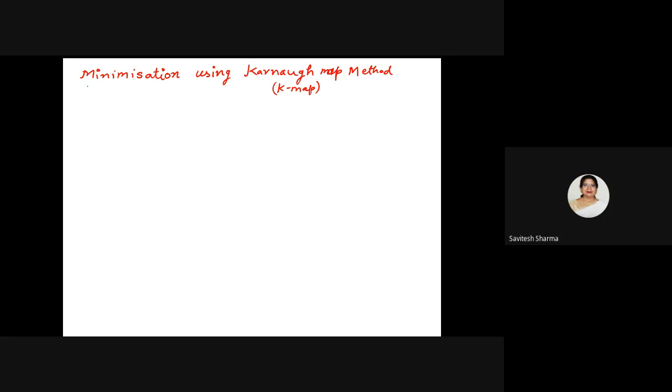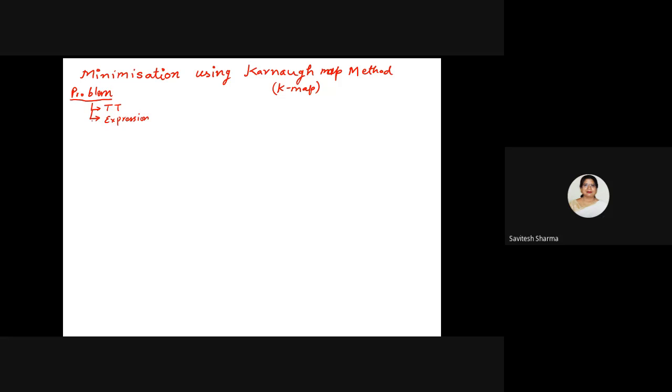So your problem is to minimize, right? Your problem may be in the form of... what is given to you? Maybe in the question, a truth table may be given. Maybe a Boolean expression may be given.